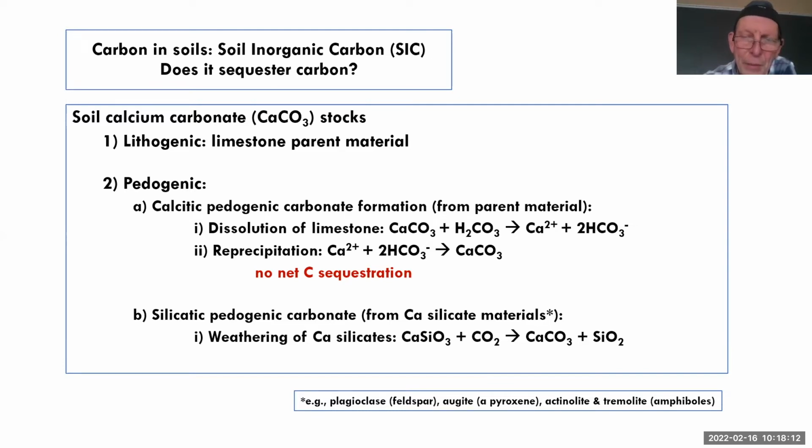And when these calcium silicate minerals weather, they take carbon dioxide out of the atmosphere and form calcium carbonate. So if you do have calcium silicate minerals weathering instead of limestone, you actually do have net carbon sequestration in soils. Okay.